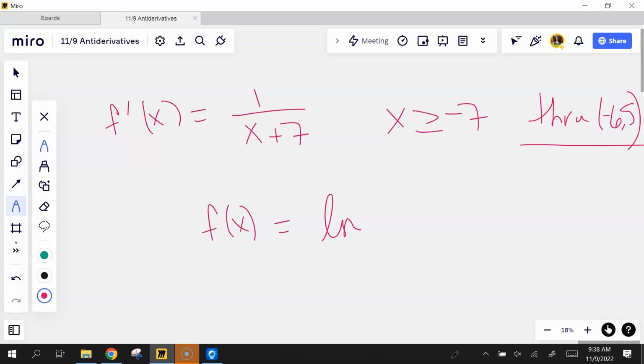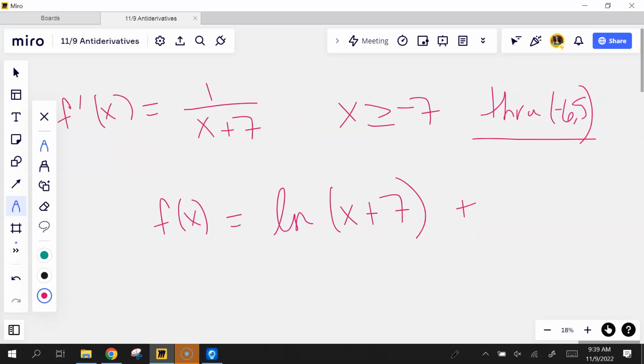But you got to keep in mind chain rule, right? In the case of this one, even now, I will write it and then I'll take the derivative and make sure, because I'm so much better forwards than backwards. So if I was asked to take the derivative of this, it's 1 over x plus 7, chain it. I just get 1 when I chain it, so I'm good to go.